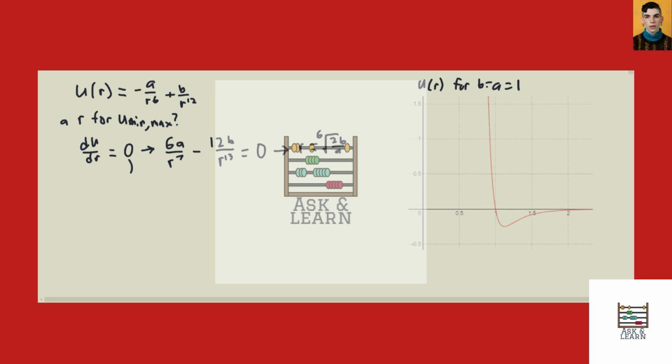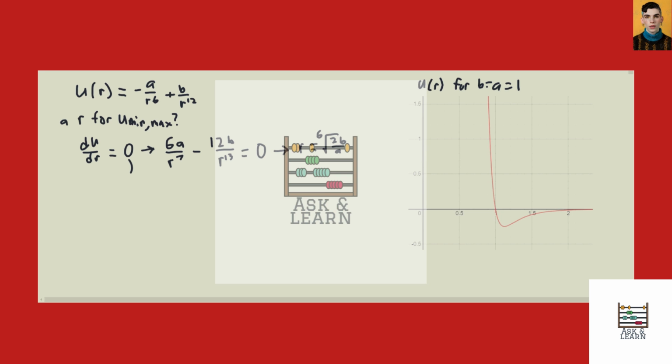And our U of R is just going to be increasing unbounded as we get closer to 0, right? So we're going to have a minimum right here at the point R equals the sixth root of 2B over A, and the value of U would be a maximum at R equals 0, although we won't reach that in this graph.